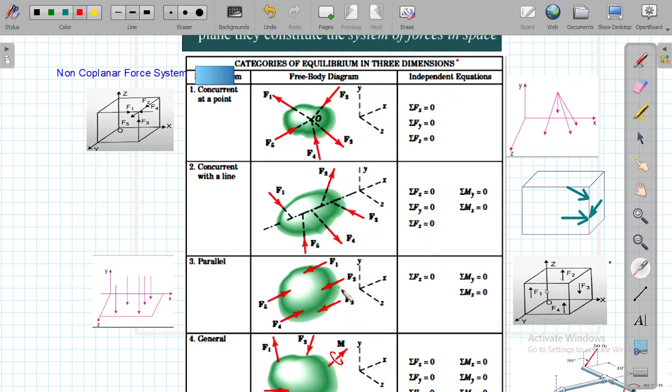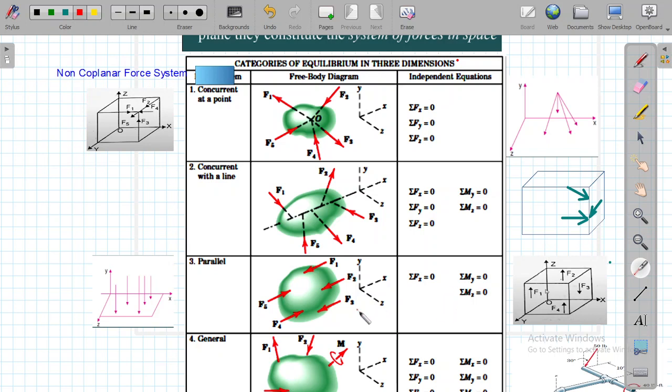But there is one unique thing about these forces, that they are all parallel to the x-axis. So we can sum them along the x-axis. For the independent equation, we will write sigma Fx equal to 0. But since these forces are all parallel to the x-axis, they have the tendency to rotate this generic shaped body about the y-axis and the z-axis.